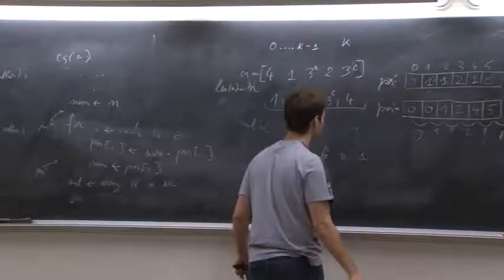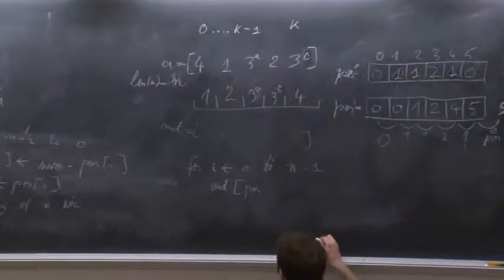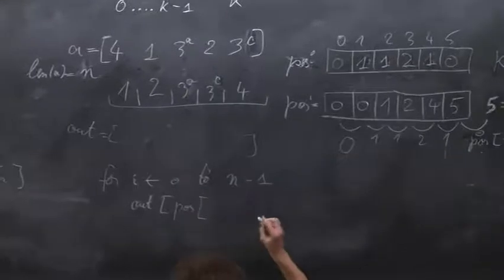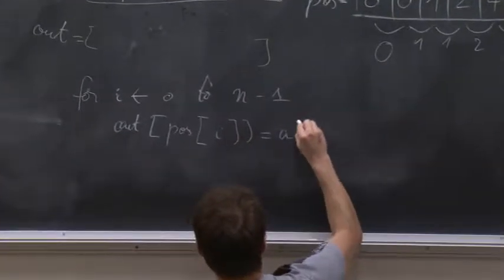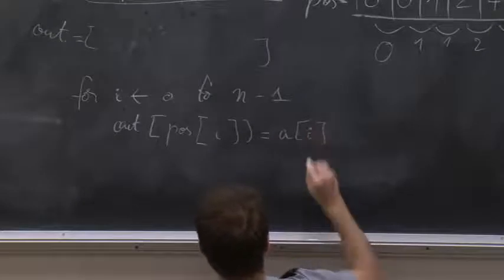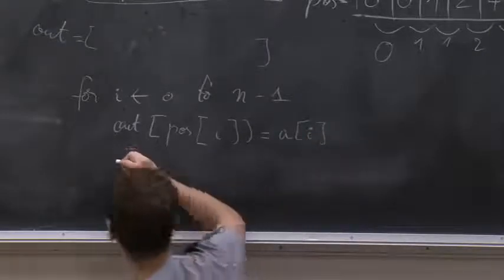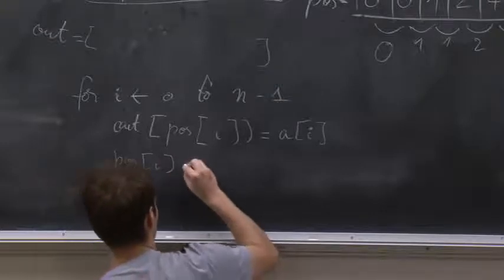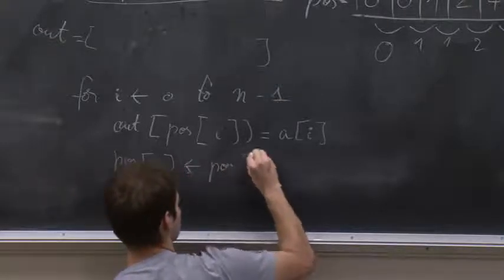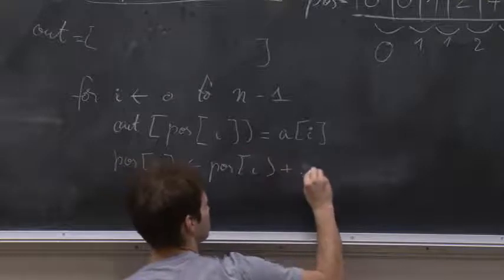But it's a single array, so let's call it pos. So out of pos of I equals A of I. Okay. Pos of I plus plus. Yep. And I'm going to use the CLRS way, which makes me write more.